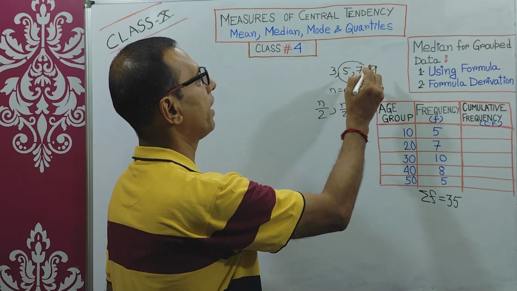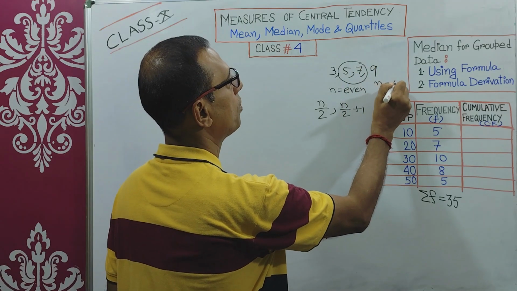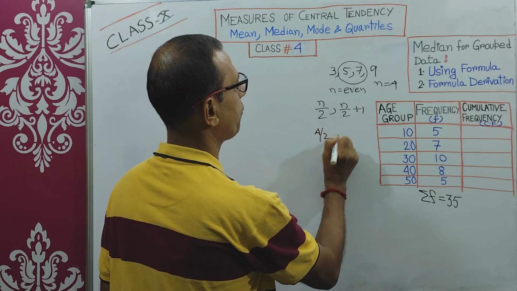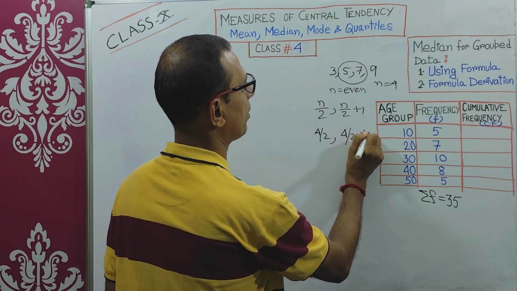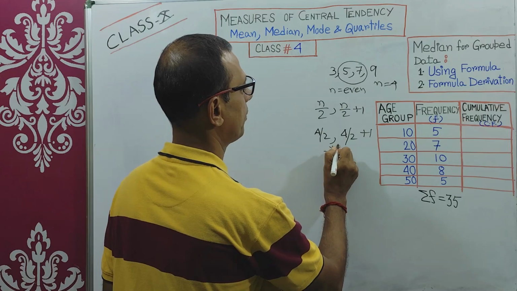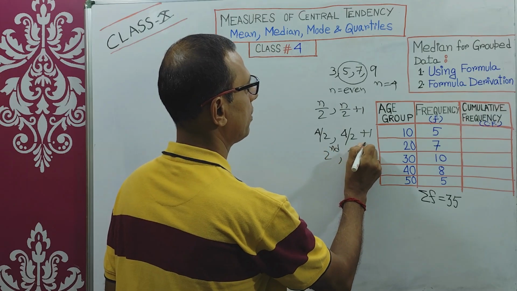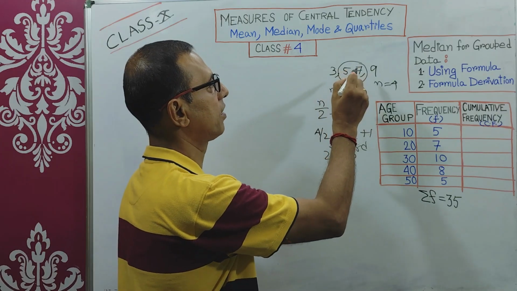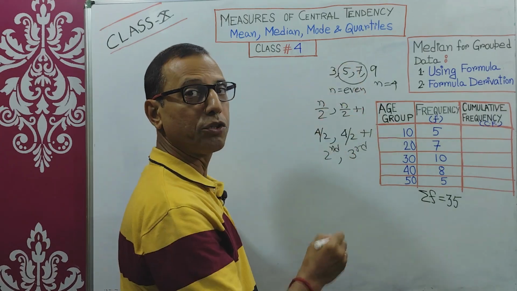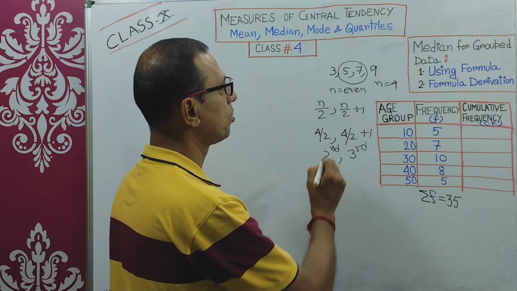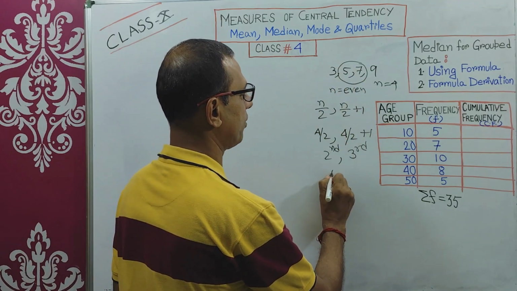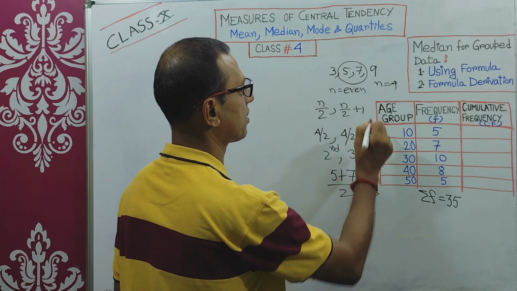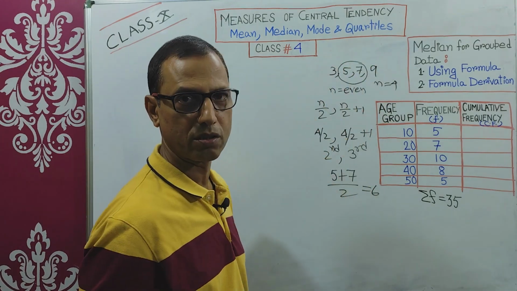Here n equals 4, so 4 by 2 and 4 by 2 plus 1, that is the second and third term. Those will be the median. The second term from left is 5 and the third term is 7. Since there are two values, you need to take the average of these two values, 5 plus 7 by 2, 6. 6 is the median for this set of observations.